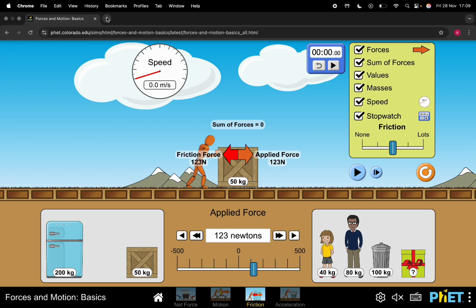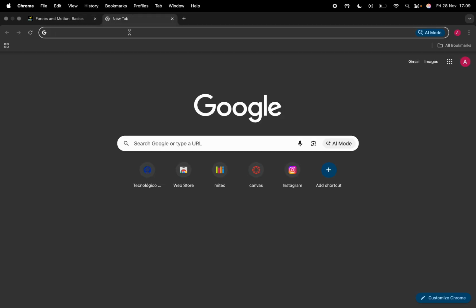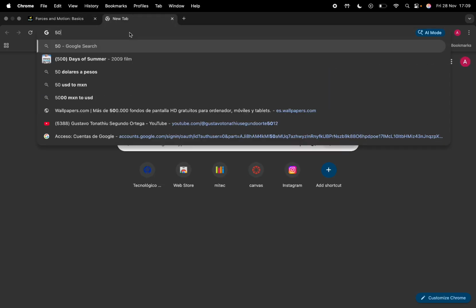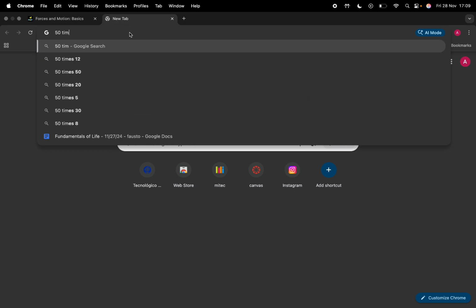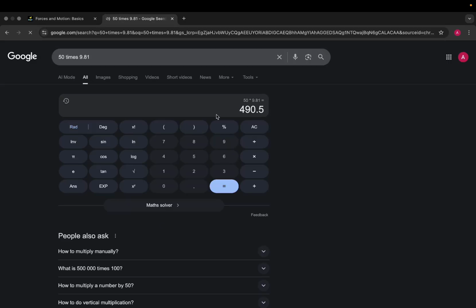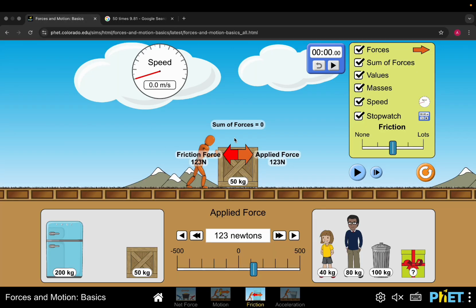So the normal force will actually be 490. So that's your normal force.